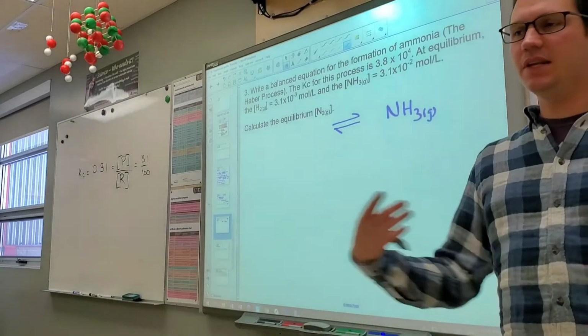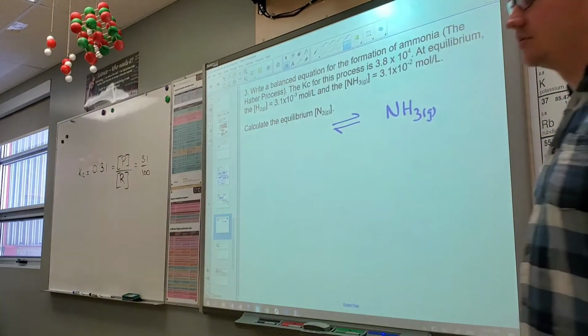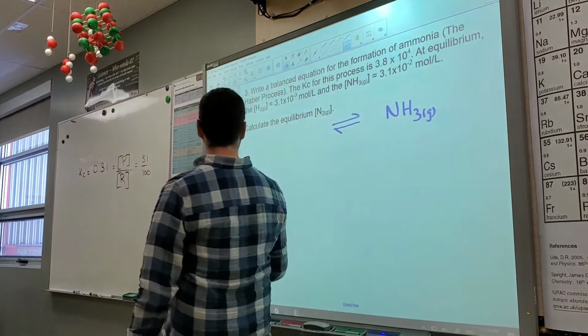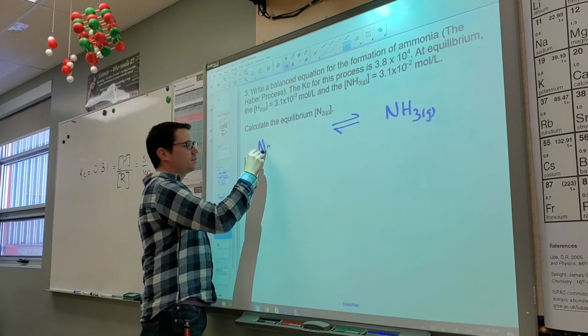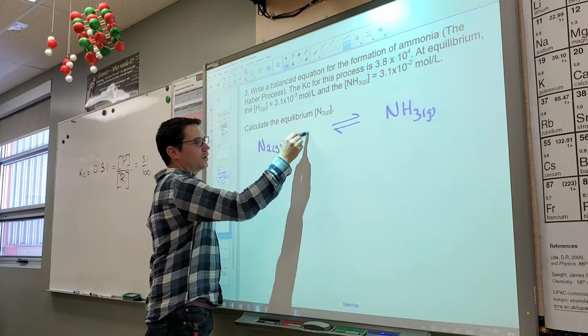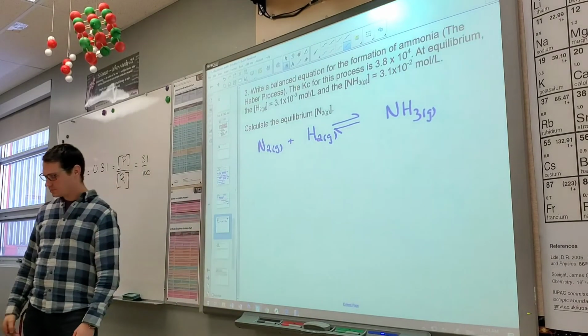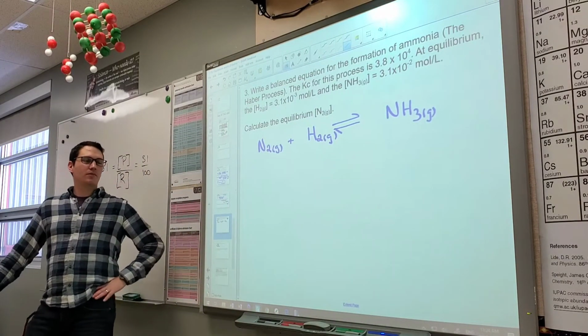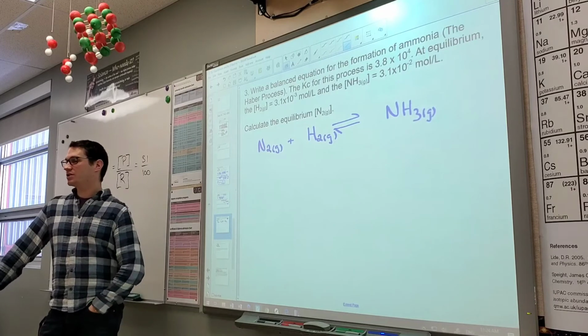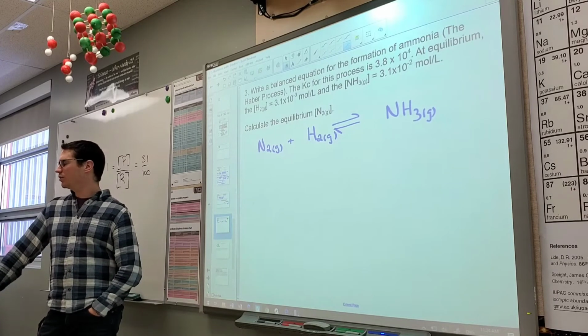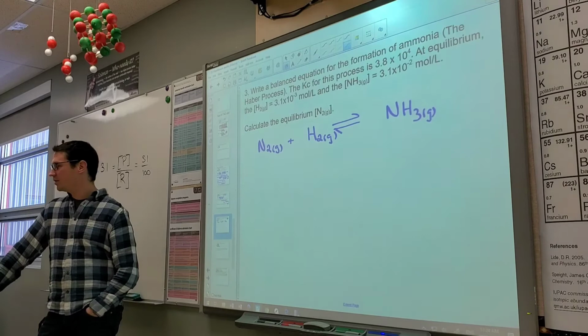What two things do we need to form ammonia? Nitrogen and hydrogen. So we need N2 and H2 in order to do that. Could you balance this reaction? Is that what you would qualify as easy to do?